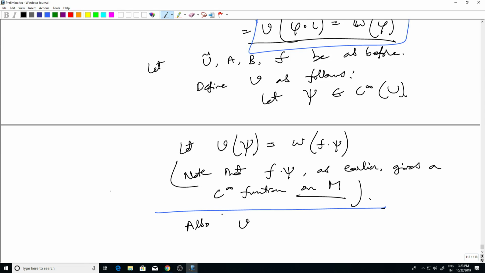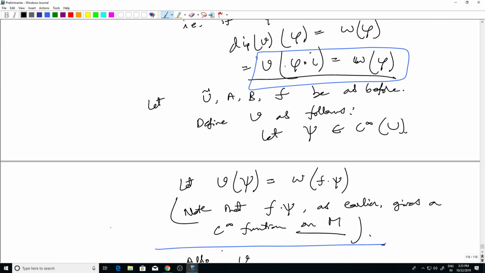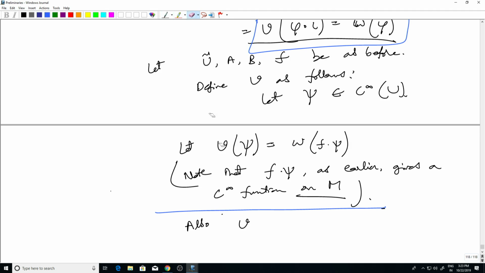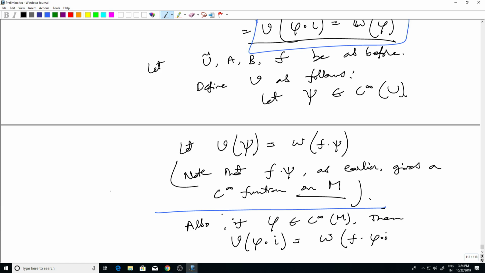To check this, I have to start with some C infinity function on M. If phi belongs to C infinity of M, then what I have here is phi composed with I, in other words, the restriction of phi to U. Now I have to use the definition of V. So this is supposed to be W of F multiplied by phi composed with I. I'm just going by the definition here.